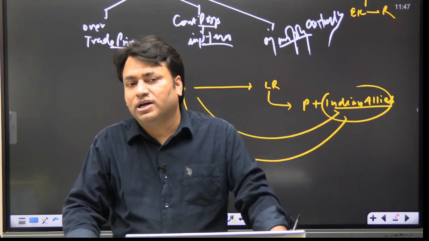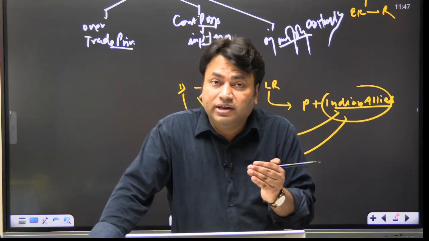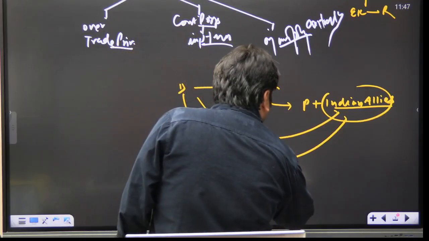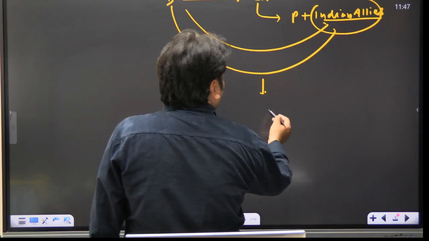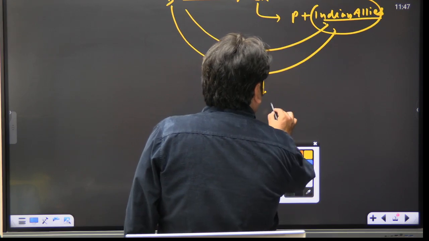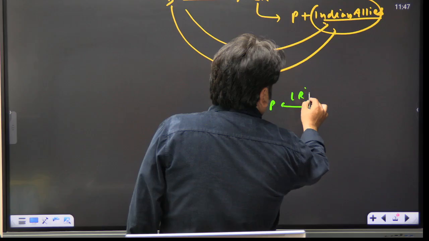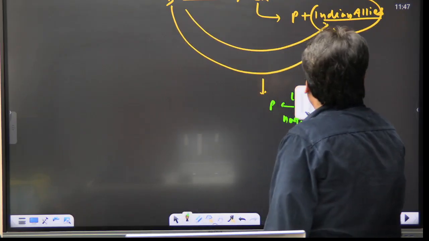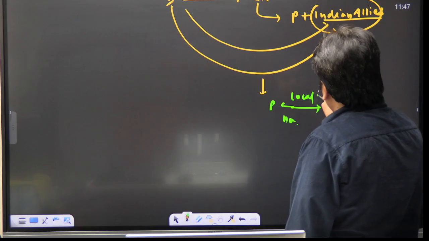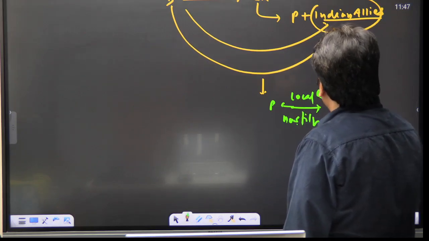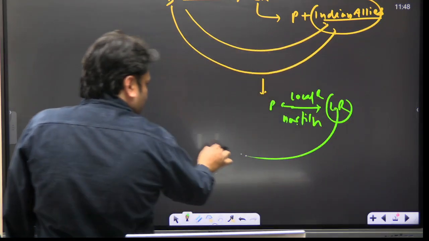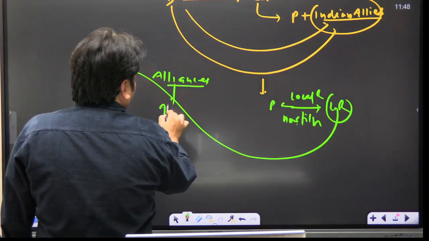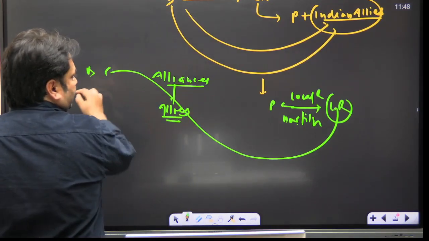Those local rulers who are in support of the Portuguese will fight with the Dutch. But those local rulers who are hostile to the Portuguese will be in alliance, or will be allies of the Dutch.